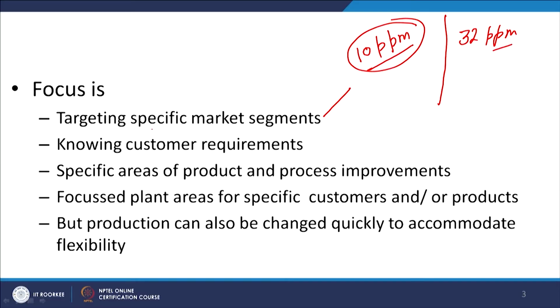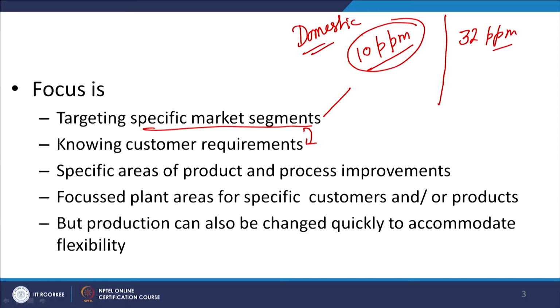Now, once you have specific market segments, the second point is related to that. You can concentrate on specific customer requirements, when you know that I am going for domestic users or heavy duty users.